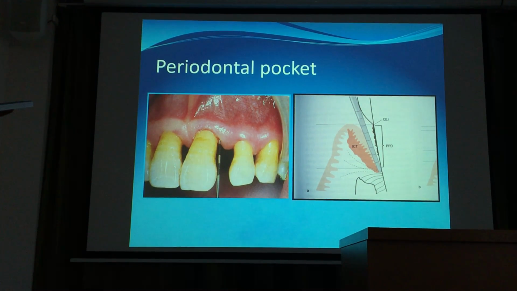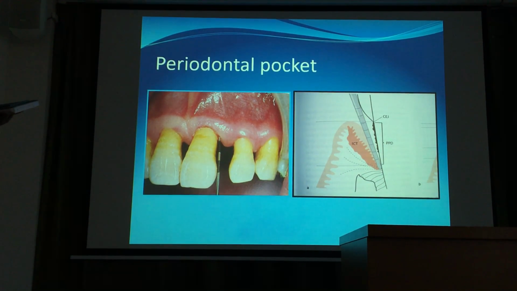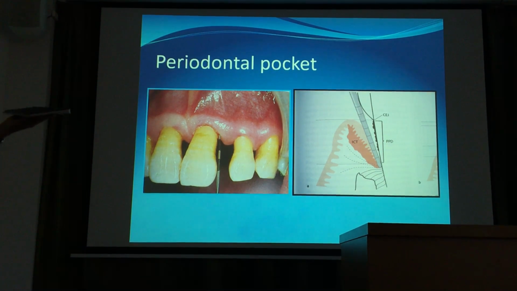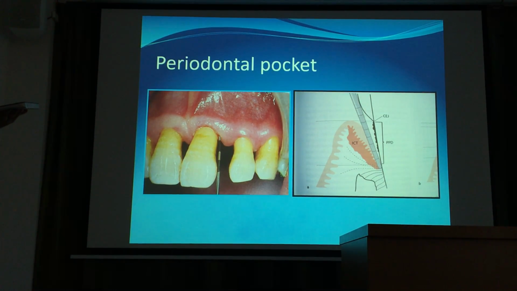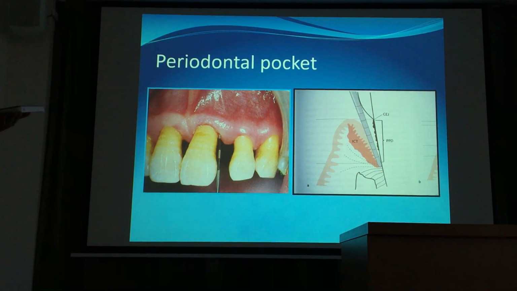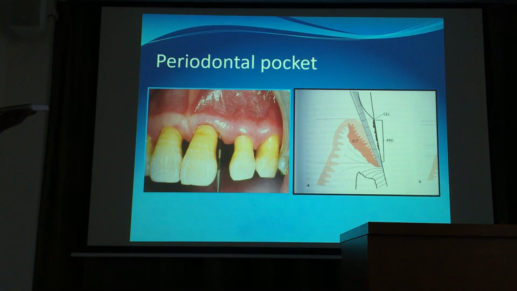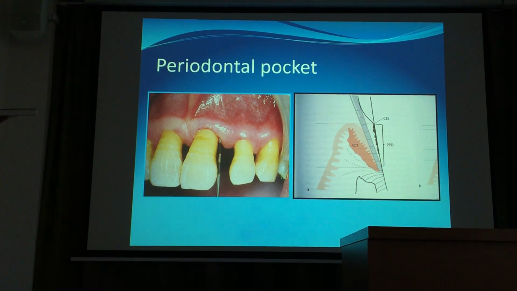So, just one additional thing: the surgery. I mean, the periodontal surgery is not for everybody. It's just an option, if we have so many anatomic problems which are not reachable with our oral hygiene instruments. But the keyword is cooperation.